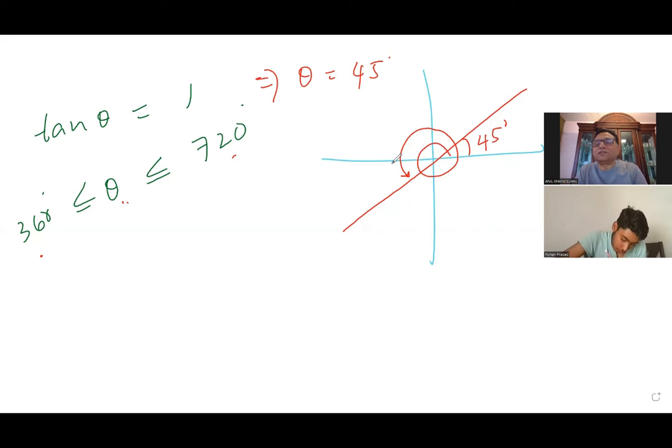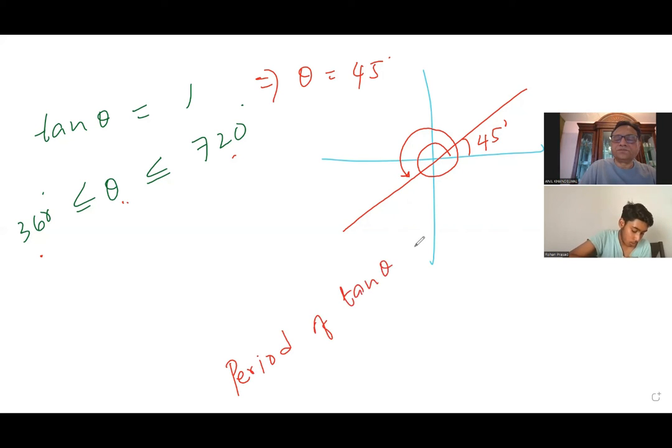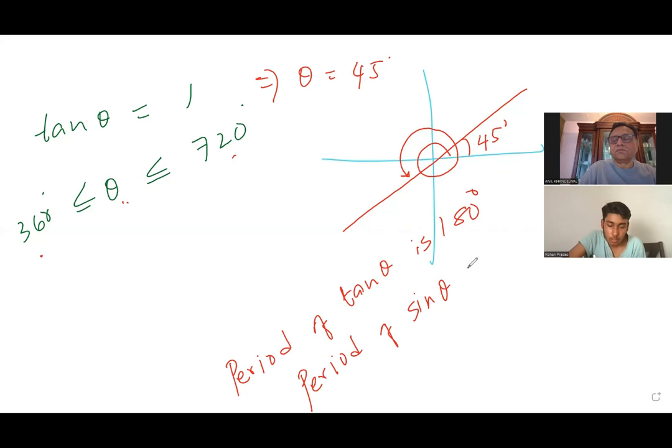So remember one thing, that the period of tan theta is 180 degrees. Period of sine and cosine theta is 360 degrees.